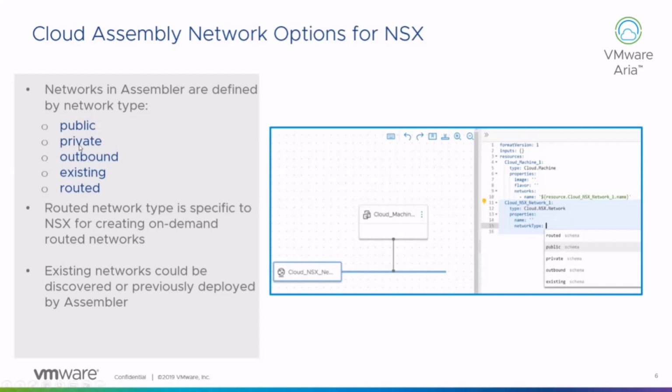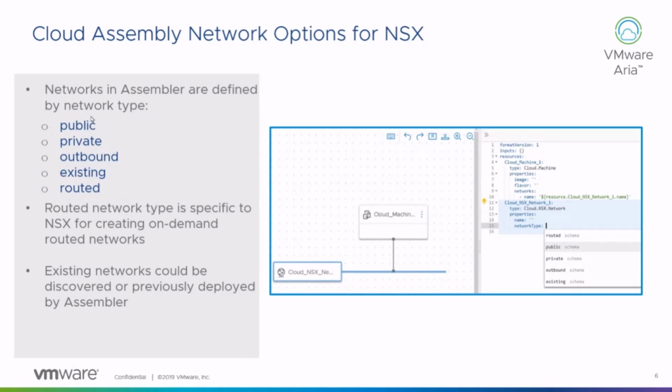Private, if you're looking for isolation. Outbound, all about NATing, and we'll talk about that. And existing is an existing segment in NSX-T or existing networks like distributed port groups using distributed virtual switching.